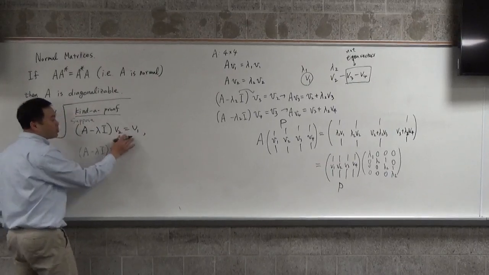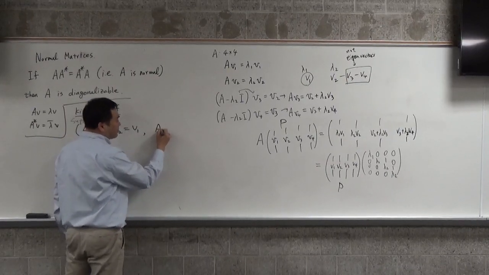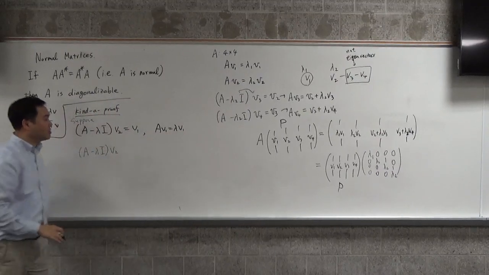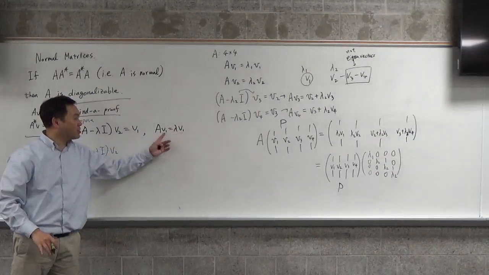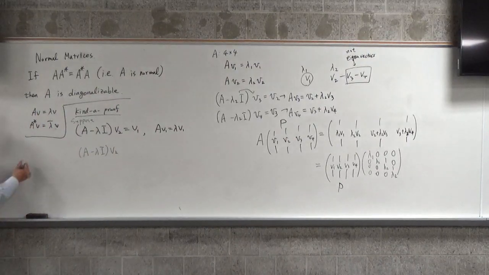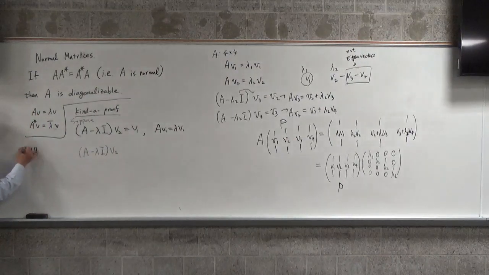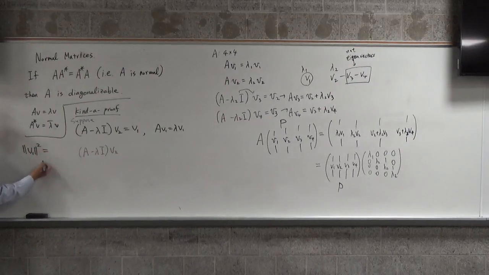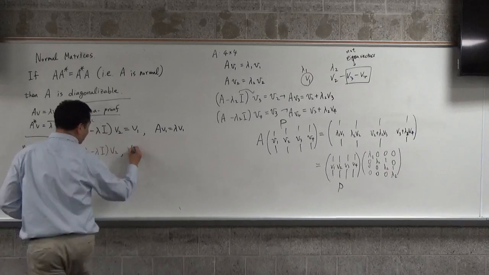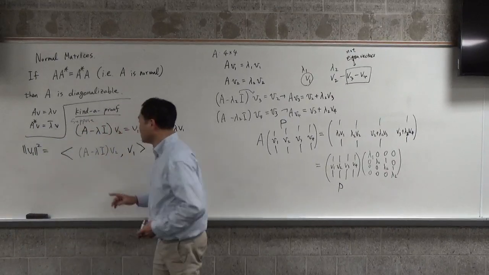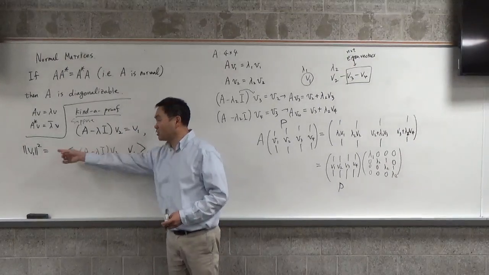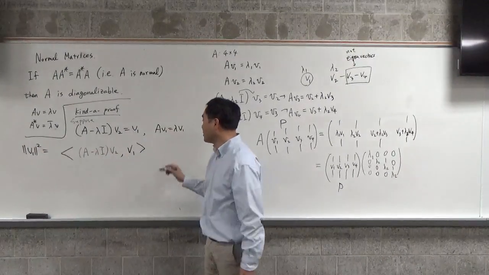Okay, suppose this is true and AV1 is lambda V1. Well, this is saying that V1 is the eigenvector with eigenvalue lambda. Then we can say that V1 norm squared is same as this with V1. Right? Because this is V1 and that's V1. V1 inner product with itself is norm squared. Right?